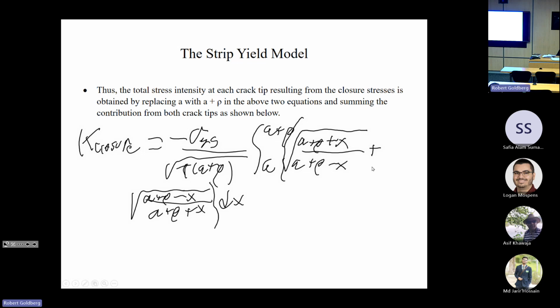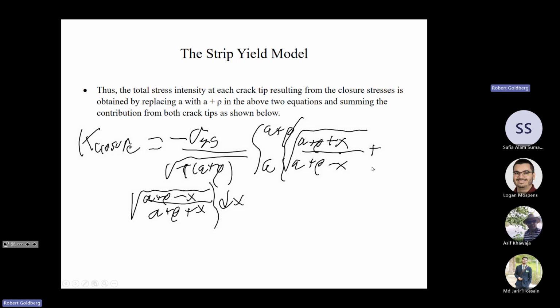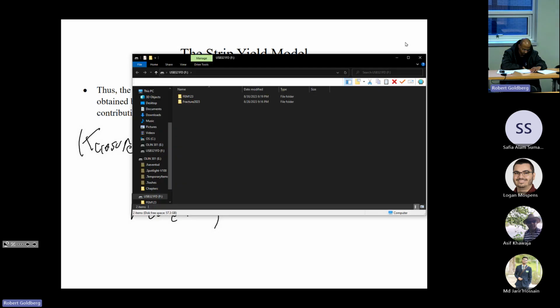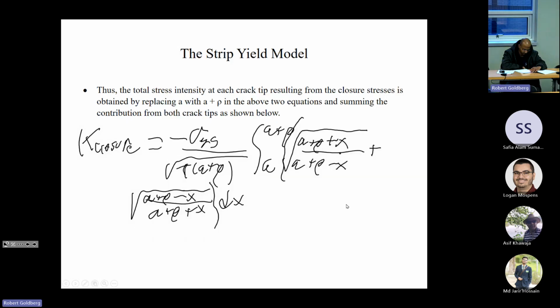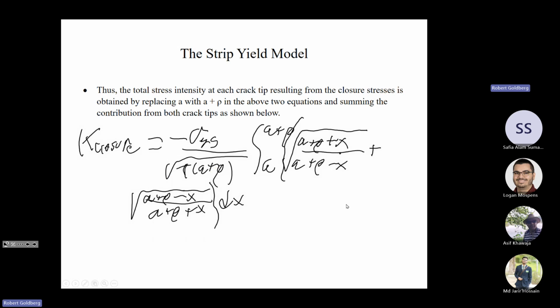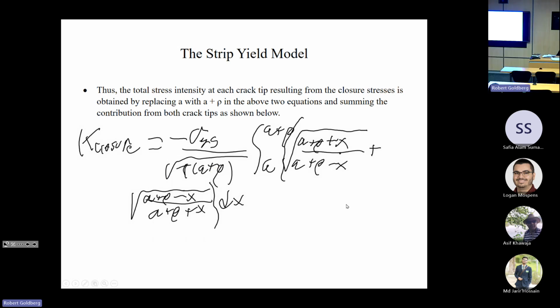And we do simplifications: the plus x and minus x cancel each other out here, and we do some other simplifications, and we take this a plus rho inside the integral.